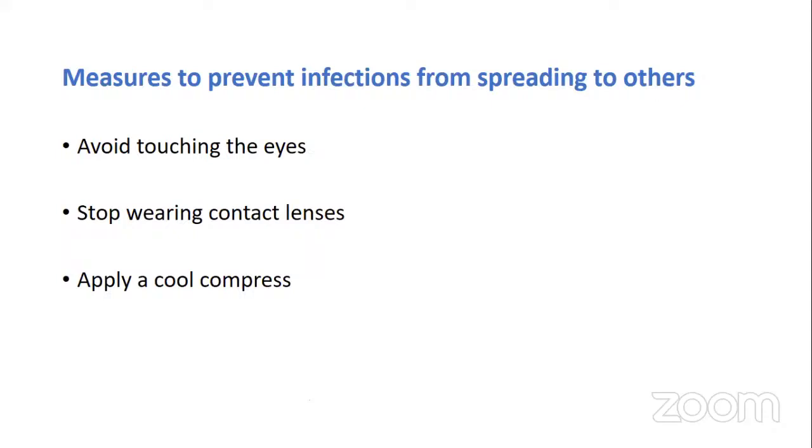Of course, I'll take you through how to instill medicine into your eyes. But briefly, what I mean by not touching your eyes is, let's say you're going to put medicine in your eyes. You're going to wash your hands before putting the medicine, and after putting the medicine, you still wash your hands. In that way, you're going to avoid contaminating other people and other surfaces, and carrying the germs on your hands.